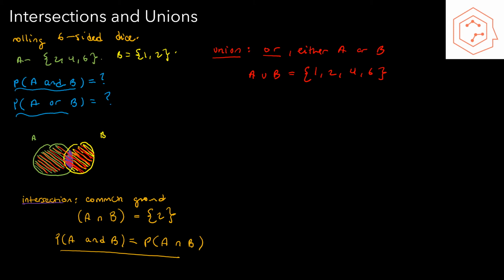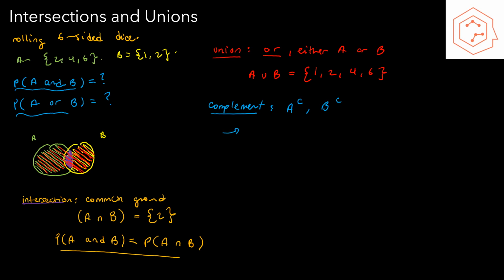Finally, we have one more topic, which is called the complement. If we take the complement of any event, for example, if we wanted to take the complement of A, you write it as A and then a subscript or superscript C. If you want to take the complement of B, same thing.